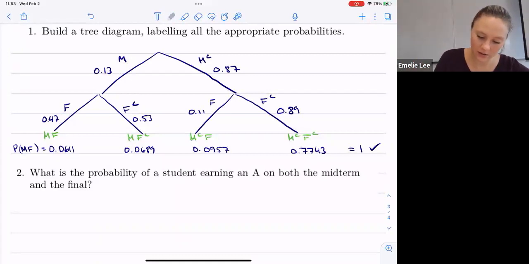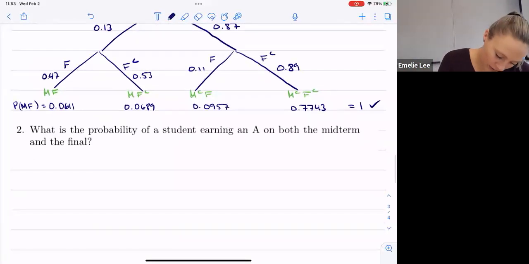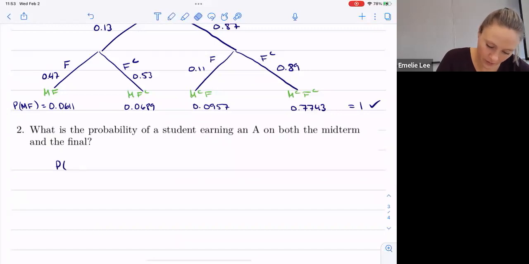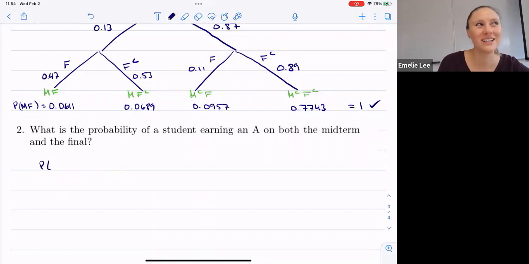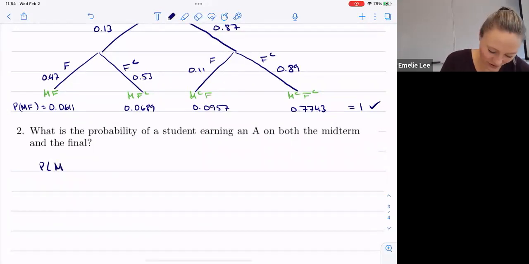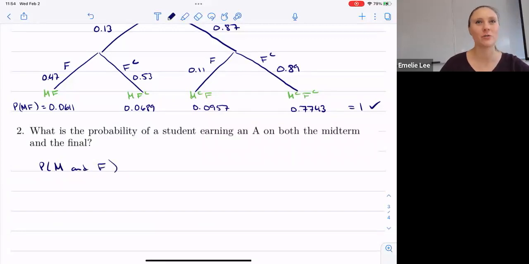So then we have the probability of F and M, and maybe, yeah, I don't like switching the order. M and F. I'm trying to make it match the formula sheet, but I think it's okay.